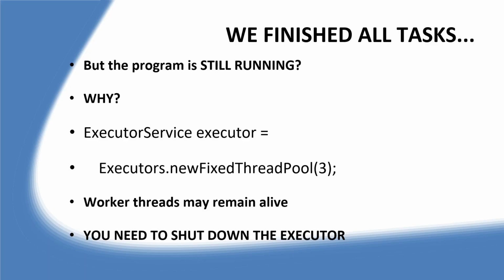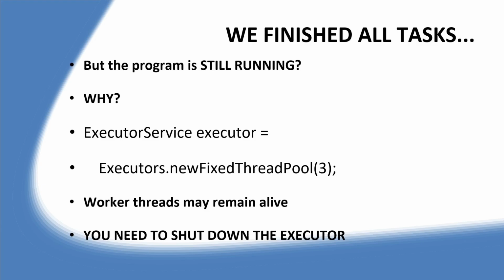Now we come to one method I mentioned at the beginning. Suppose all of our submitted tasks appear to be finished, but our Java program is still running. Why? A typical fixed thread pool uses worker threads that remain available for additional tasks.